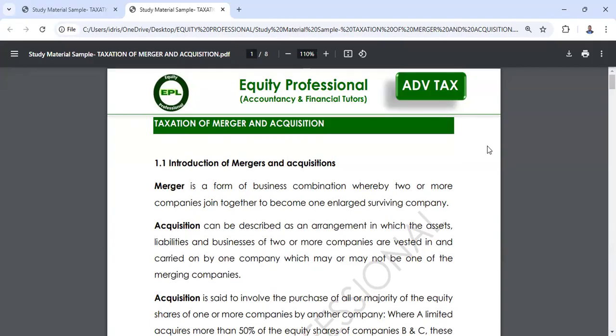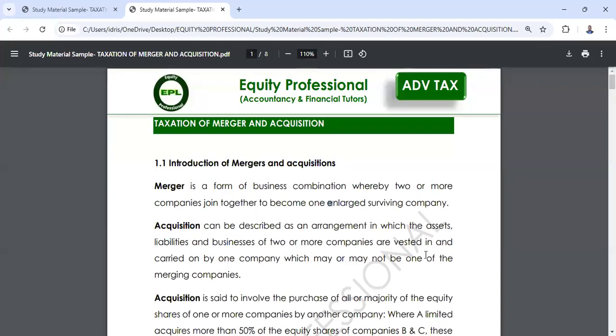Once they combine, they will now bear a new name called AB Limited, or a name that will be different entirely from A and B. So merger simply means a form of business combination where two or more companies join together to become one large surviving company.